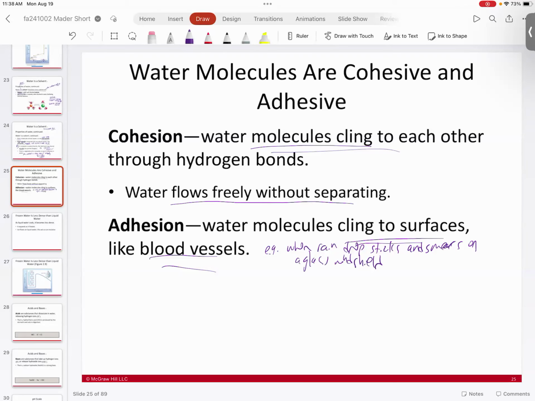So an example is the raindrop coming down is basically oblong because the force of gravity is pulling on it, but all those water molecules are hooked or connected to each other through cohesion. As soon as it hits a glass windshield, then it feels adhesion. Those water molecules stick to the glass and it spreads out on the glass. So that's basically where adhesion comes into play.